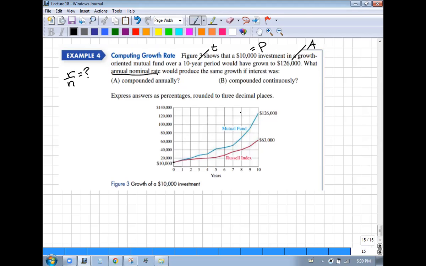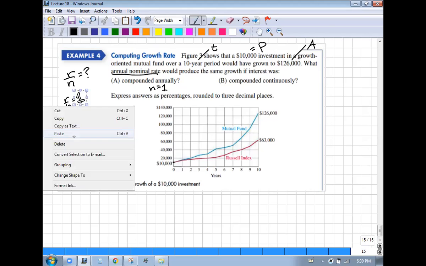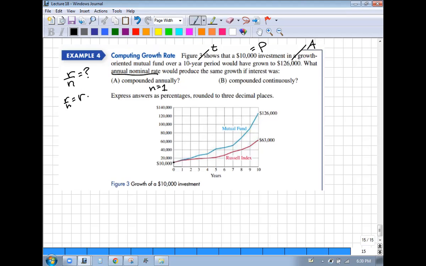Would produce the same growth if interest was compounded annually. That means N is 1. Compounded annually, that means R over N is just R, right? The annual nominal rate is the same thing as the annual interest rate if you're only compounding once a year, okay? So for part A, we have A equals P times 1 plus R over N to the NT.